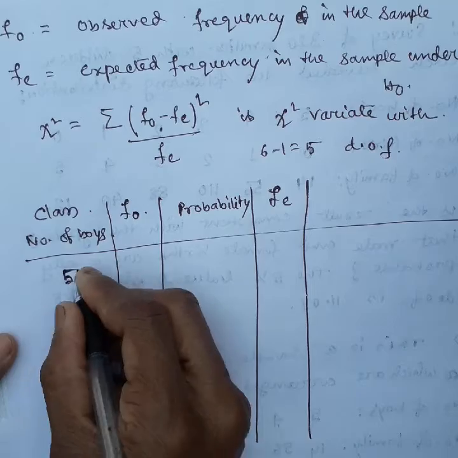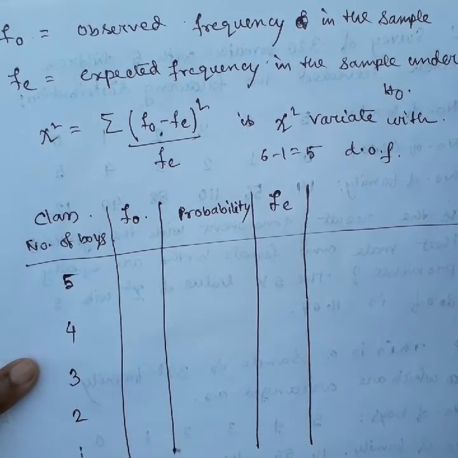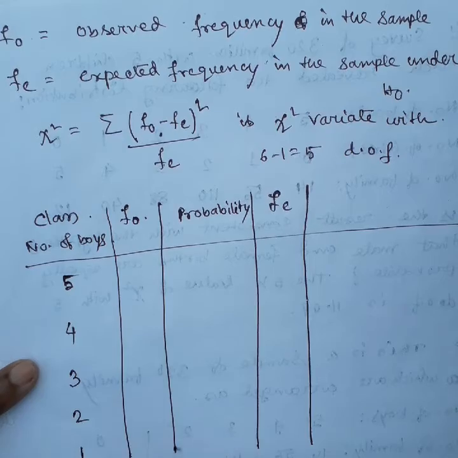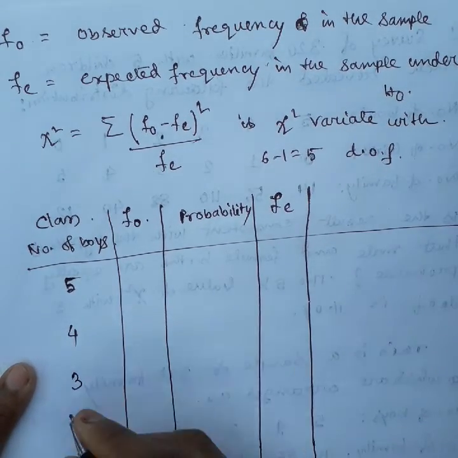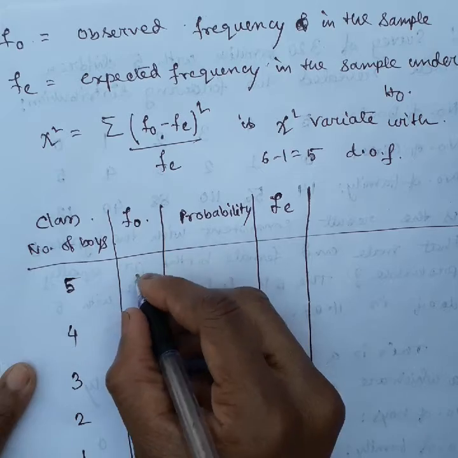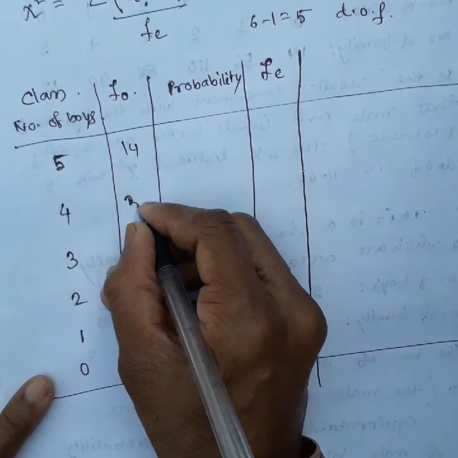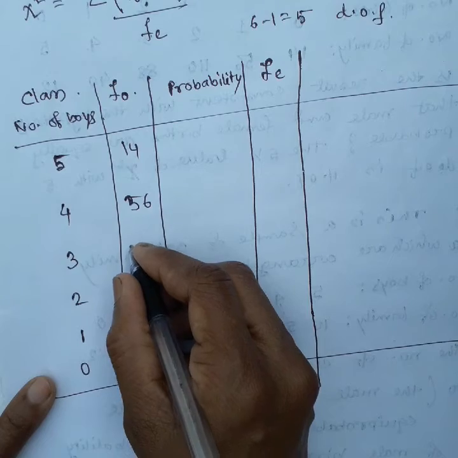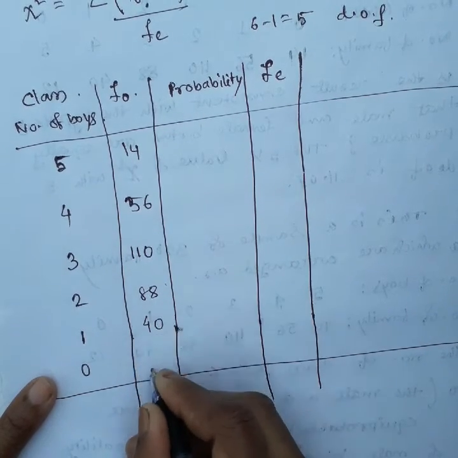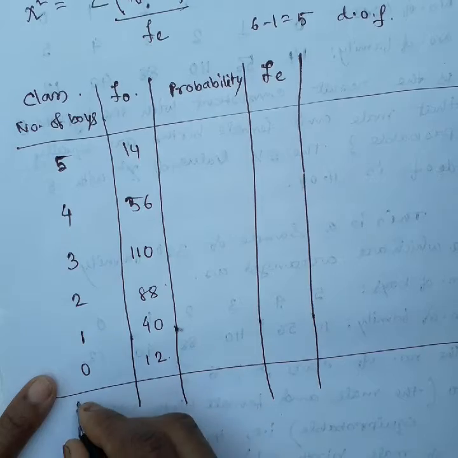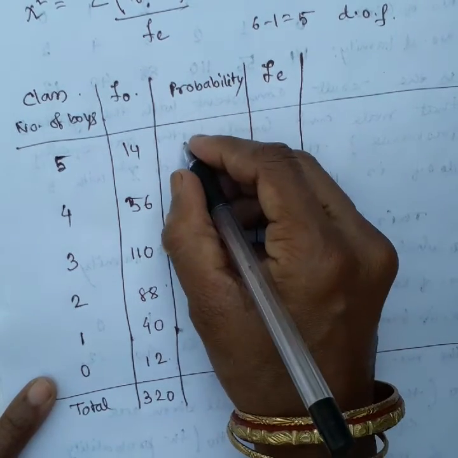Class means number of boys 5, 4, 3, 2, 1 and 0. FO, this is 14, 56, 110, 88, 40 and 12. This is the total, that is 320.